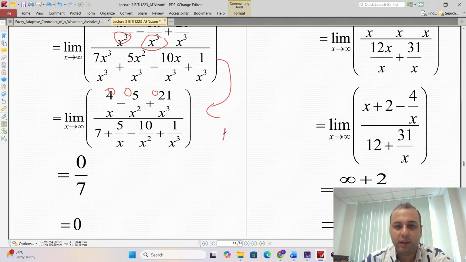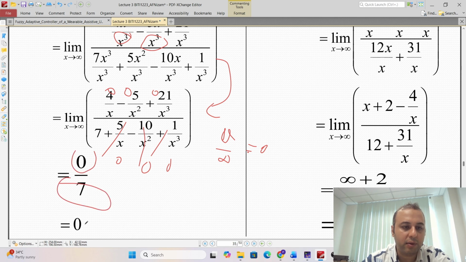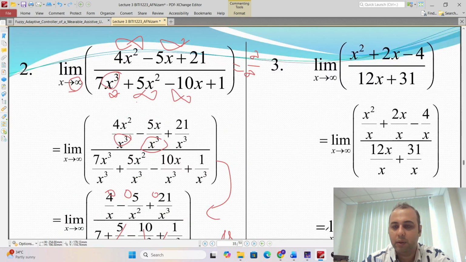Why? Because any value over infinity is 0 in the limit. So 7 plus 0, 0, 0 is 7. This is 0, 0, 0. So top side we have 0, downside we have 7. So the answer is 0.